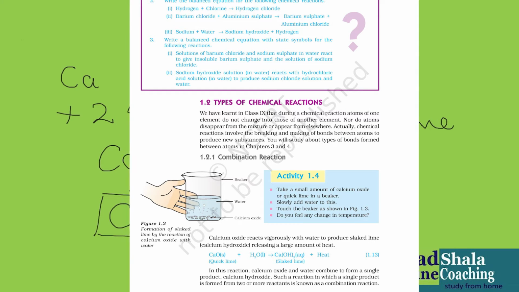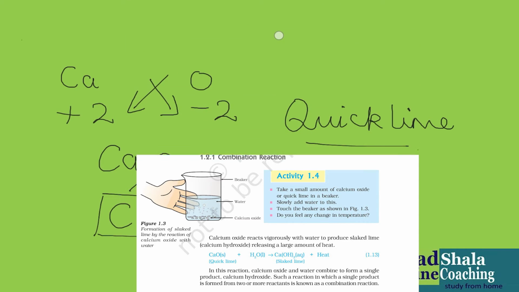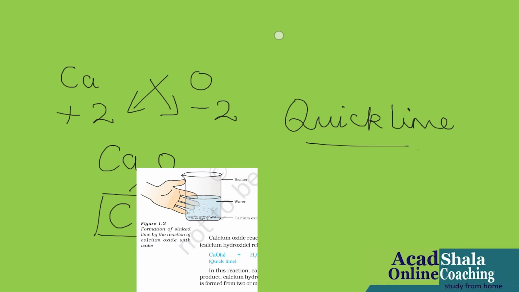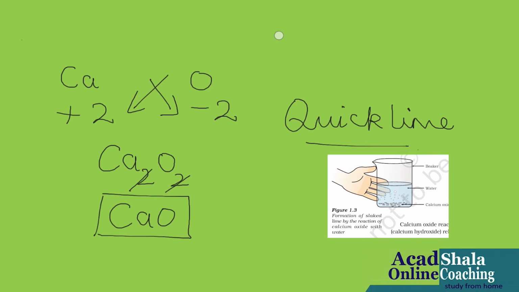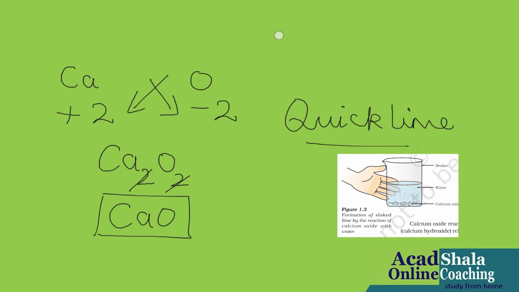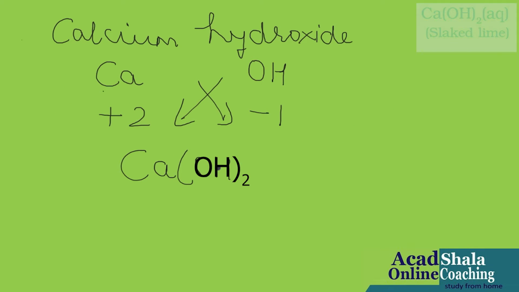What happens when quicklime is added in water? You should know the answer. You have done it. So you will say, when quicklime is added to water, a lot of heat is produced and the product formed is calcium hydroxide, whose common name is slaked lime.